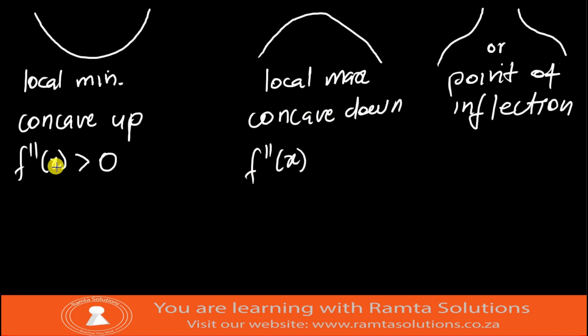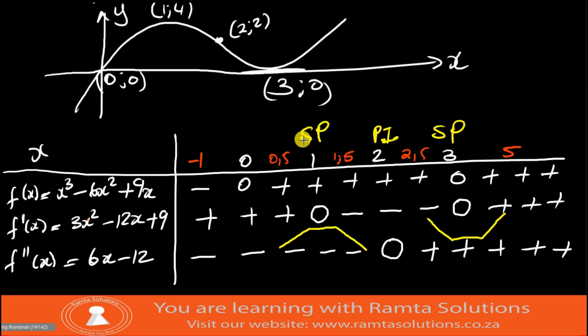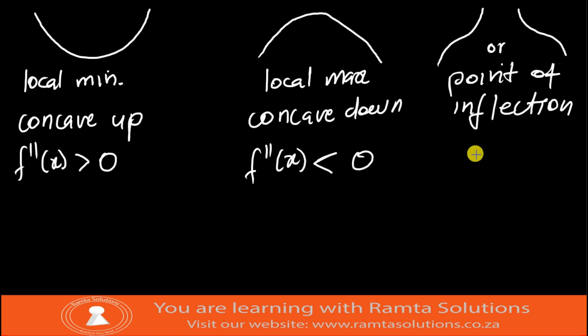So basically we're saying second derivative of x is less than 0 when it is a local max. Okay, when it is a maximum value. Okay, finally, if when you substitute your stationary point, you realize that your second derivative equals 0, you will then realize that this means you have a point of inflection.